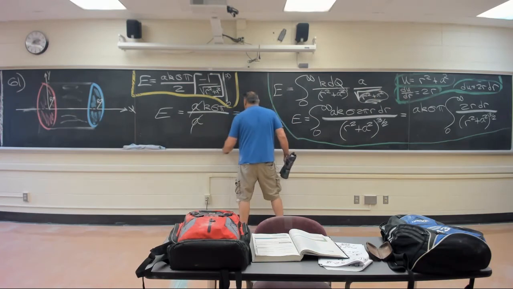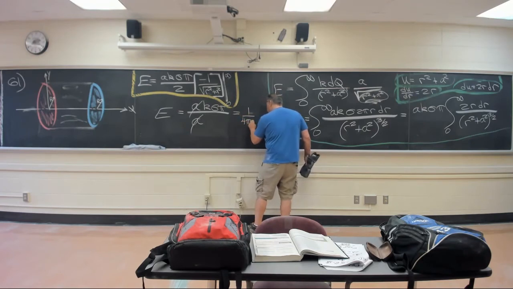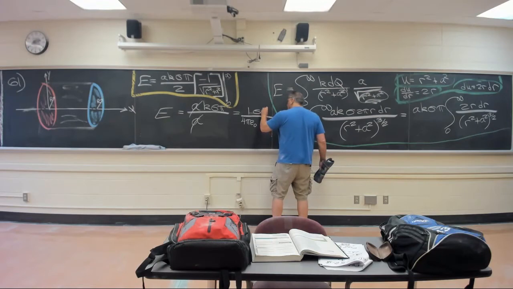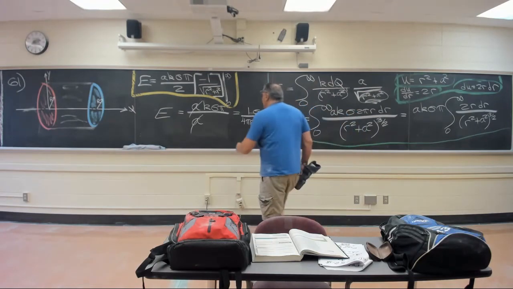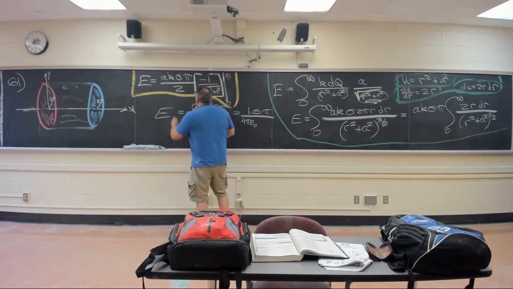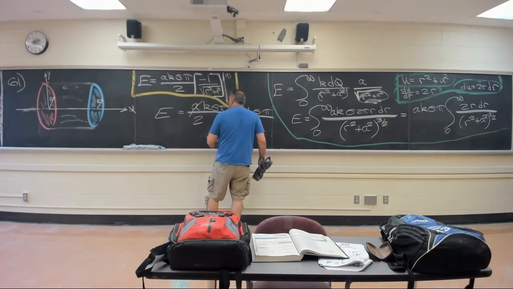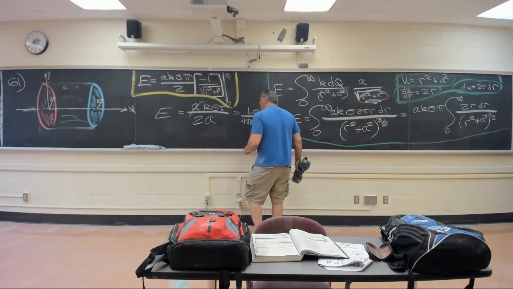That means the height doesn't matter. k is 1 over 4 pi epsilon naught. Sigma is sigma. Pi is pi. Forgive me, there was a 2 here too. There was a 2 right here. A, k, sigma, pi, there was a 2 here, and the a we got was that, so the 2 is here too.